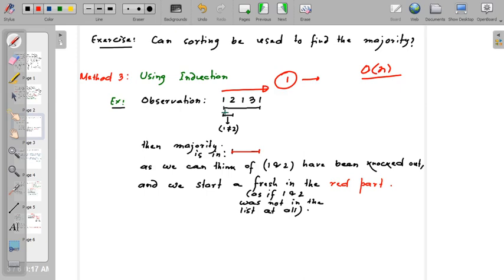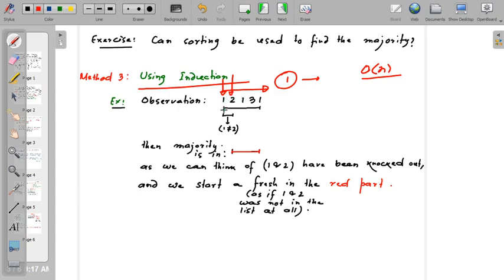So if you observe, ultimately one has to survive. So a method of induction we can use to design this algorithm. That means say 1 and 2. If 1 is there, I can think of this as the majority element. But when 2 comes, they are having a tie.